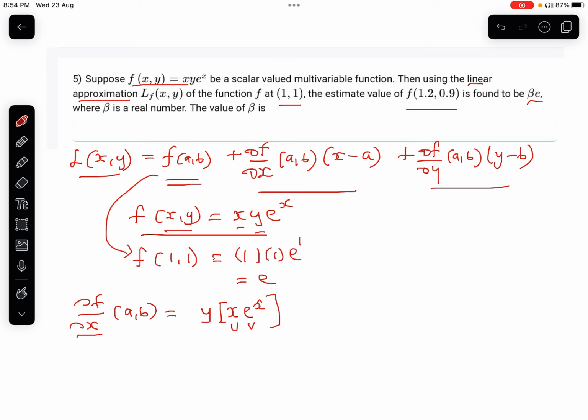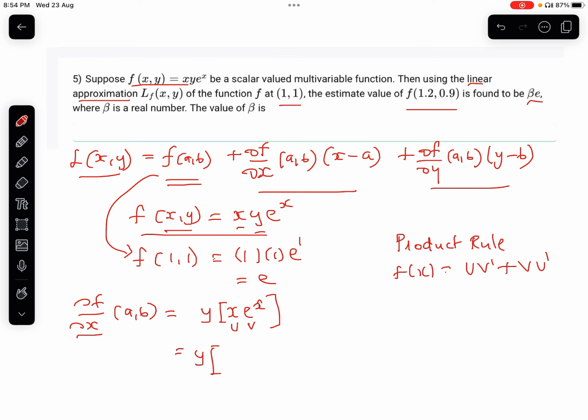We already know the formula for the product rule: the derivative is u v dash plus v u dash. Now let us substitute into the formula, keeping y as constant.